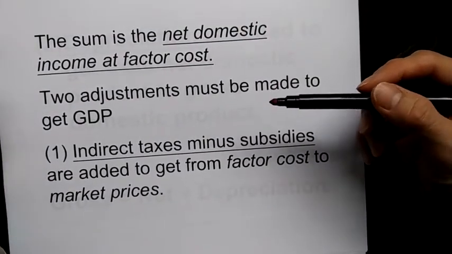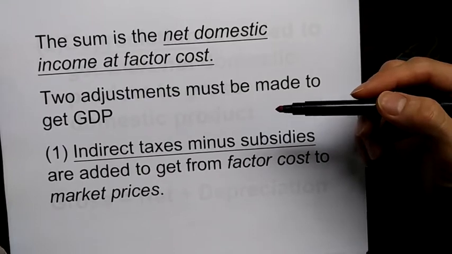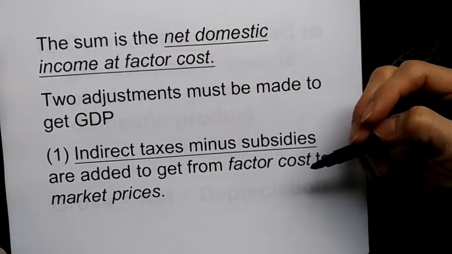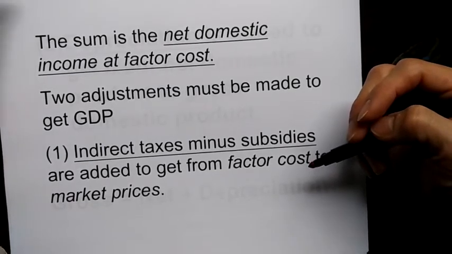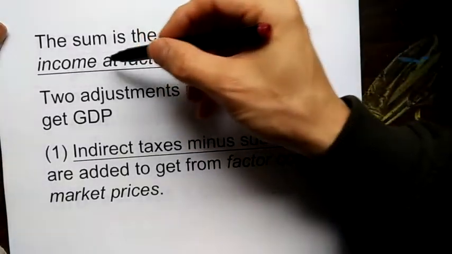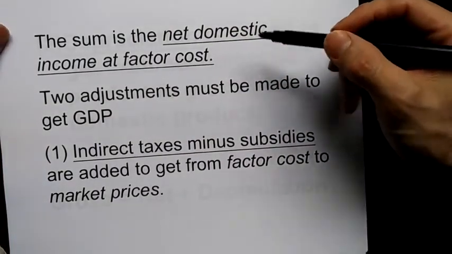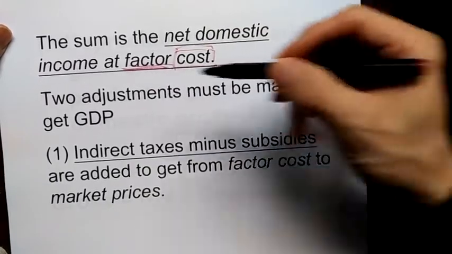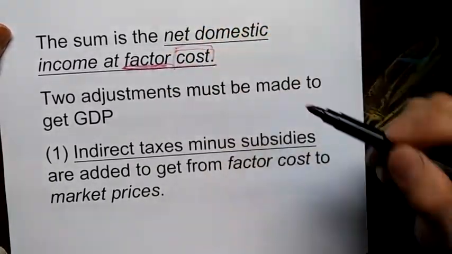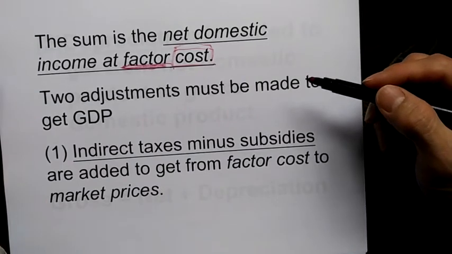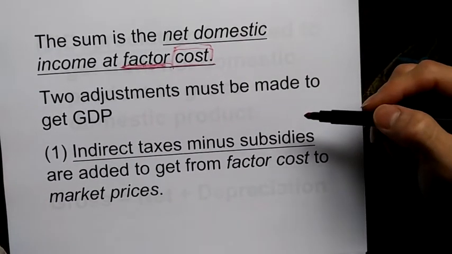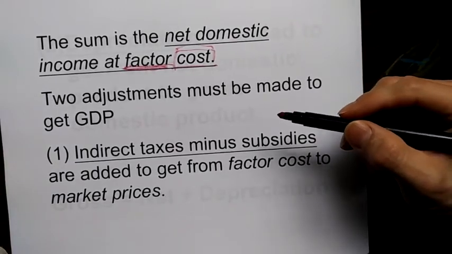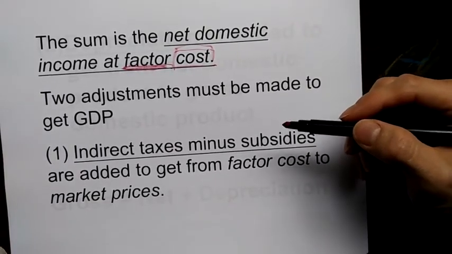However, to get to nominal GDP, you have to do two adjustments. Why? Because the sum of those incomes is just the net domestic income at factor cost. That is, the money we pay to the production factor, the income that production factors earn. Say, for example, bread in Meijer, remember, it's $50, right?